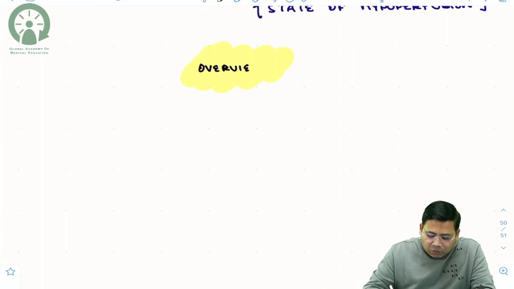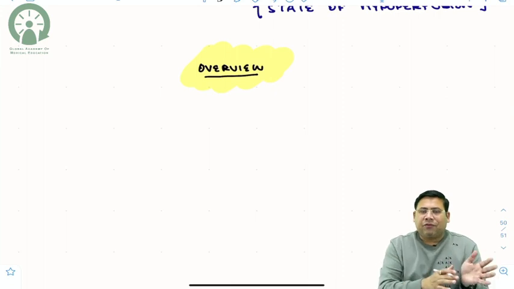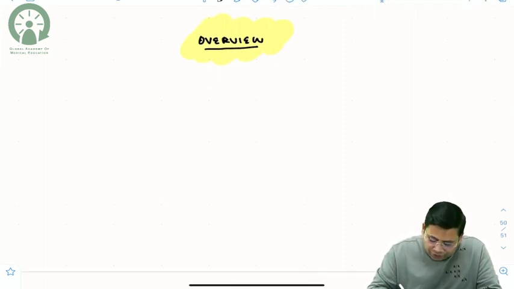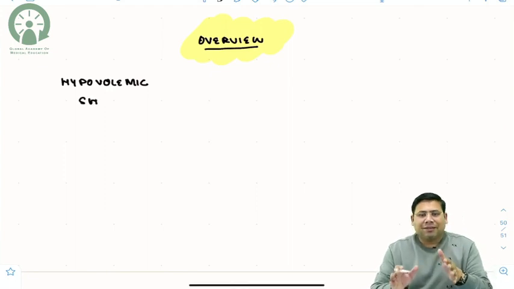Now, in the overview of shock, I'm going to compare various shocks on their different aspects and parameters. What are the varieties of shock we have? We have hypovolemic shock, where the blood volume is less.